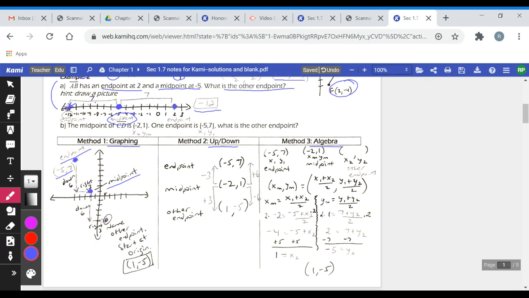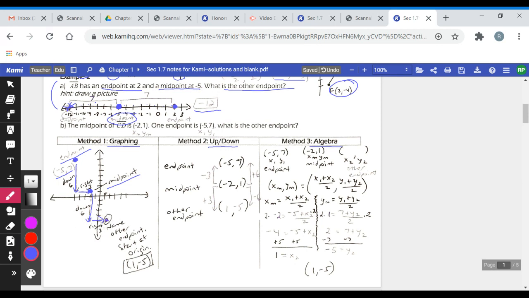And then I need to find where the other endpoint is, okay? And again, if I see how far it is from this endpoint to the midpoint, and you can see I went down 6 and to the right 3, then the new endpoint has to be the same amount, down 6, right 3, to get my new point.